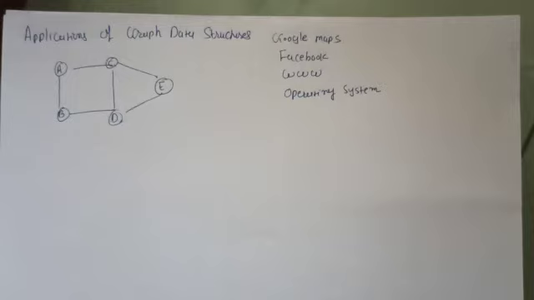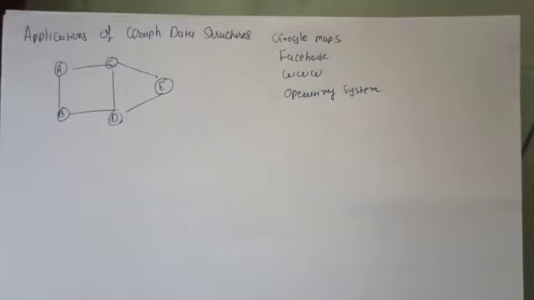One more application is in operating systems. We come across the resource allocation graph, where each process and resource is considered to be a vertex, and edges are drawn from resources to the allocated process, or from a requesting process to the requested resource.